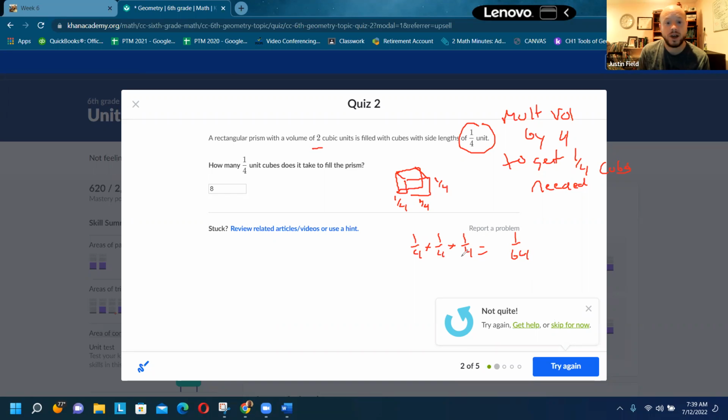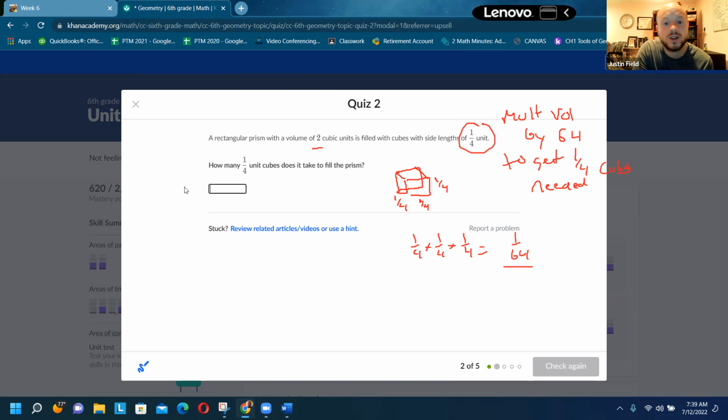So how many of those tiny little cubes will fit? We don't want to multiply by 4 in this case. We actually want to multiply by 64 because the volume of each one of these little cubes is 1/64. So what is 2 times 64? That would be 128.